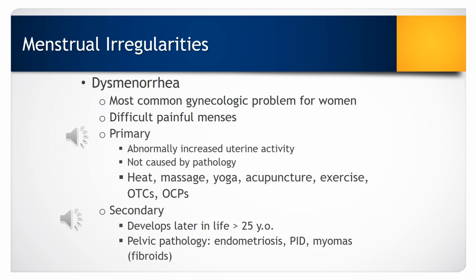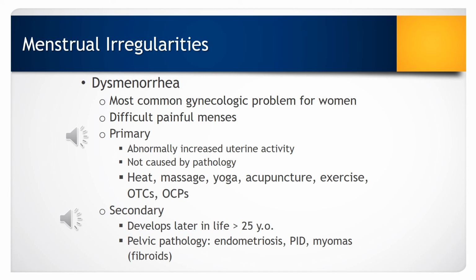So in primary dysmenorrhea, there is an overproduction of prostaglandin. And so these women have extremely painful menses that can affect their ADLs, their activities of daily living, right?